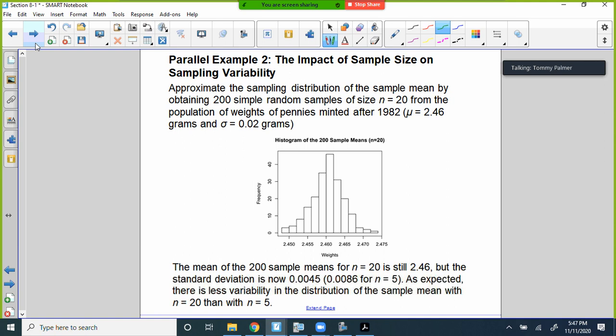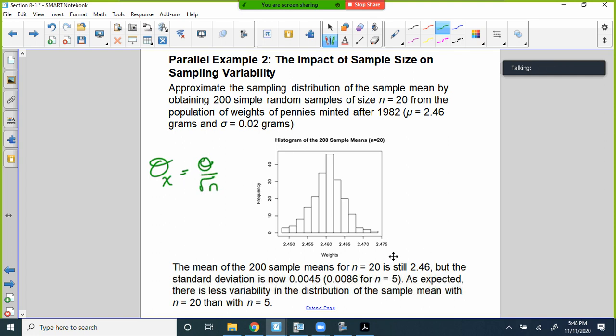Well, the reason why it changed is this: the standard deviation of X bar is calculated as the standard deviation of the population divided by the square root of n.